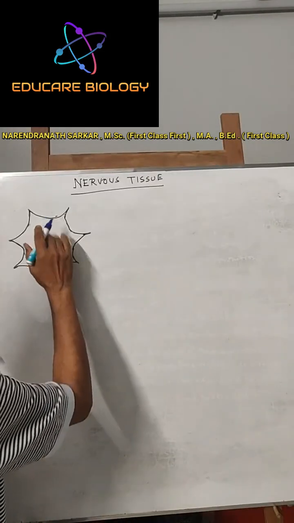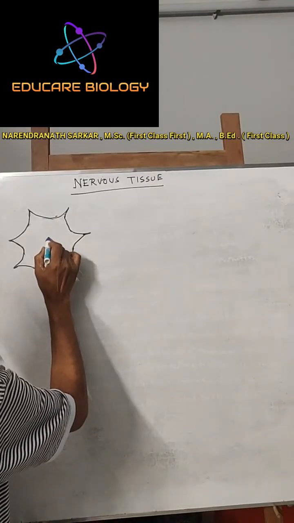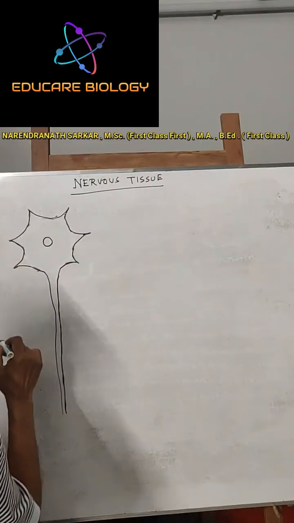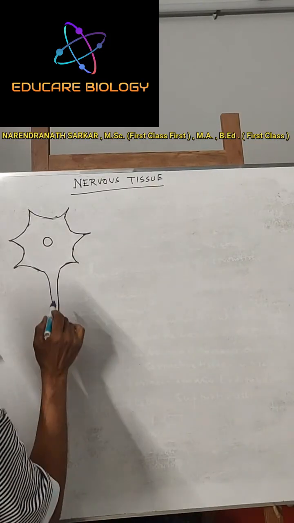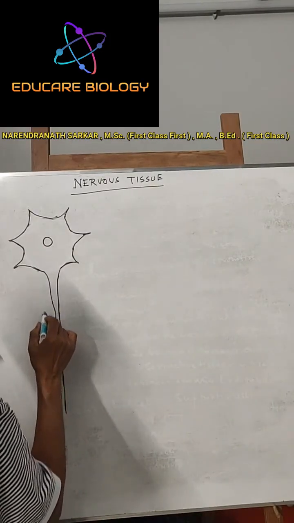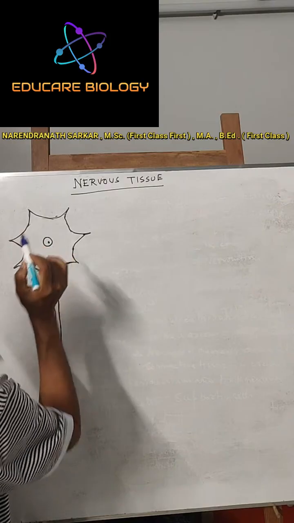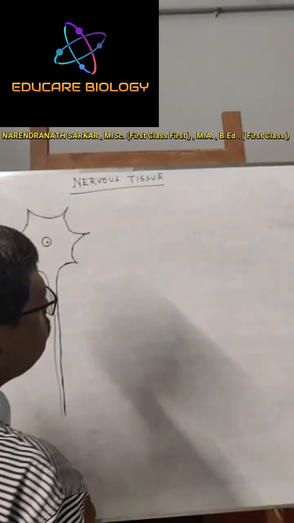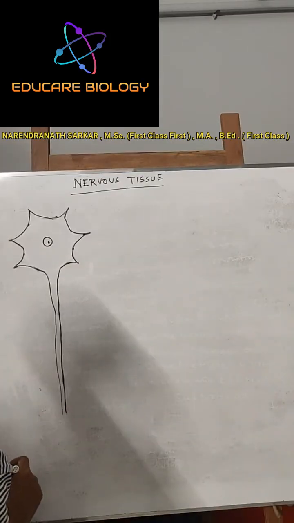This is the cell body. Within the cell body, a nucleus is present in which prominent nucleolus and chromosome may be found.